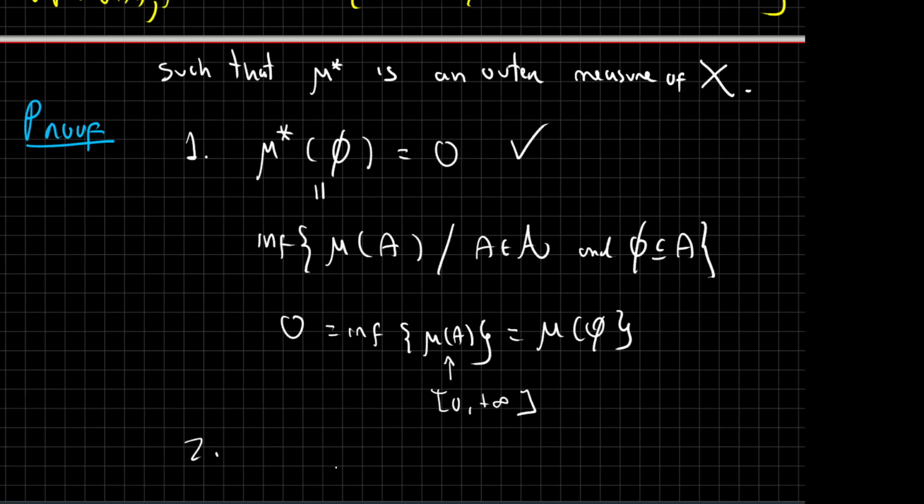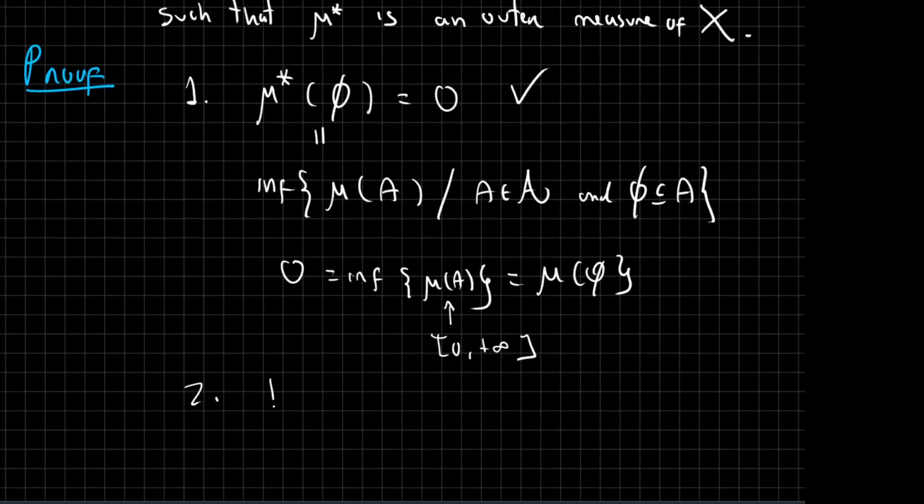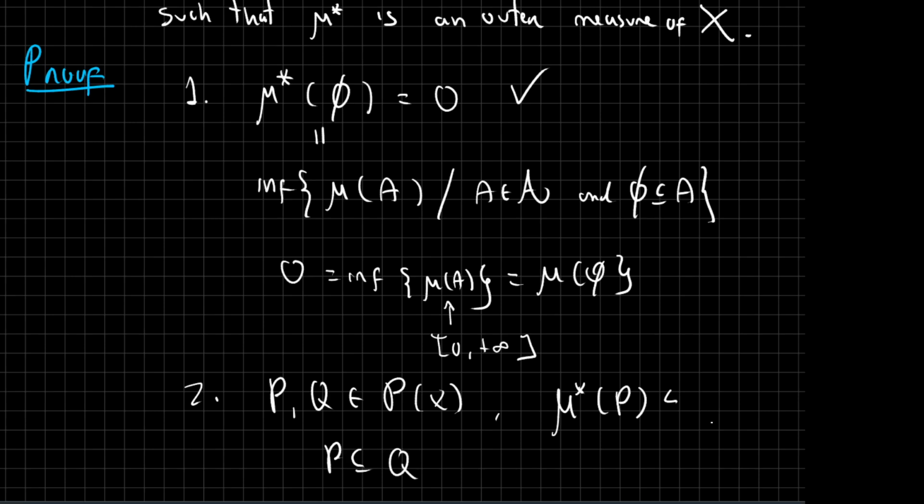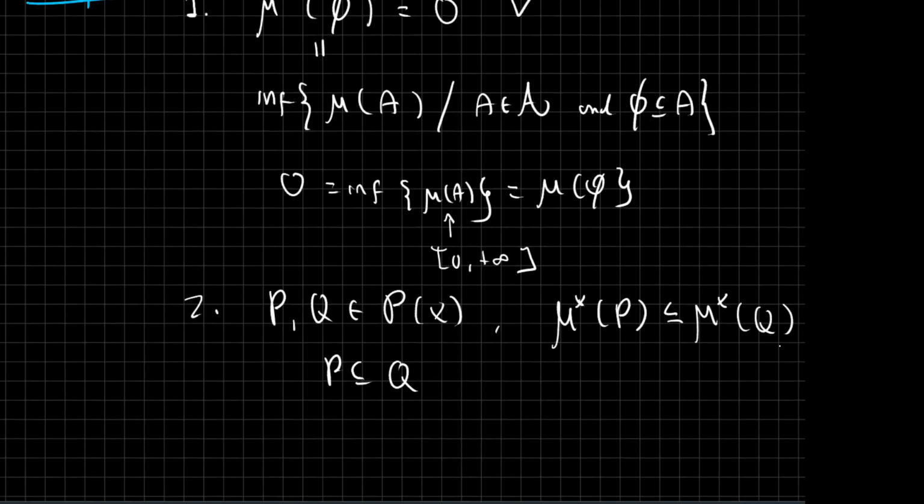And the second property that we need to check is that if we have two elements in the power set, P and Q, such that one is a subset of the other, we have that mu star of P is less or equal than mu star of Q. So from this we know that mu of P is less or equal than mu of Q, because this is a property of measures.